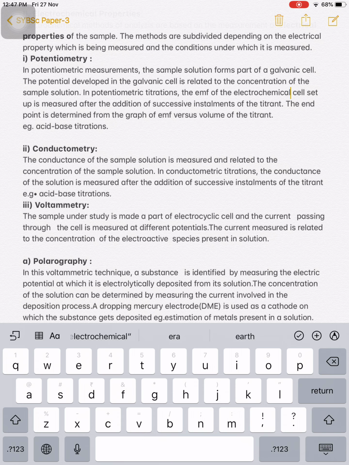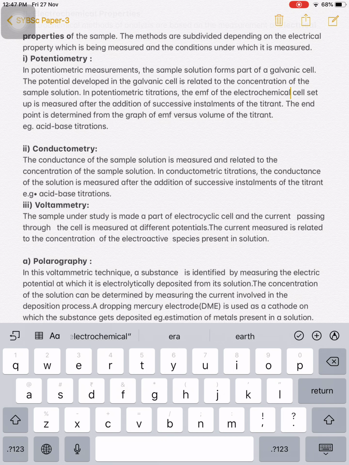By use of those numbers, we plot the graph of EMF versus volume of titrant added. That graph gives us the concentration of the component in the solution.